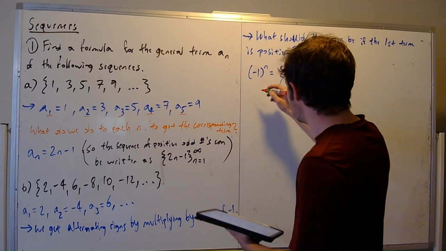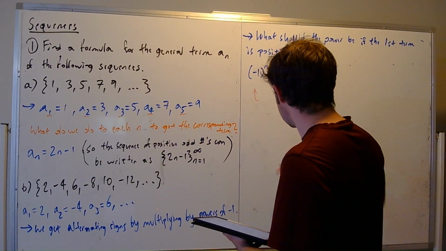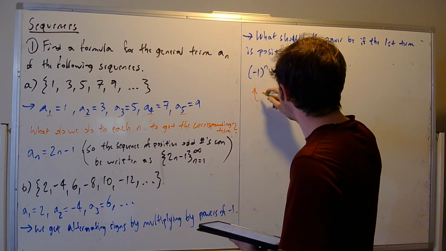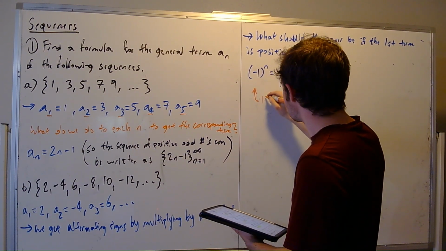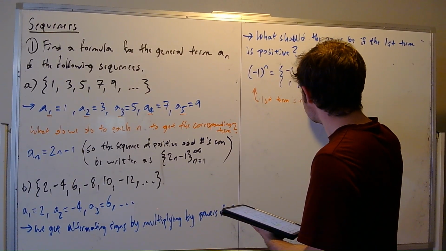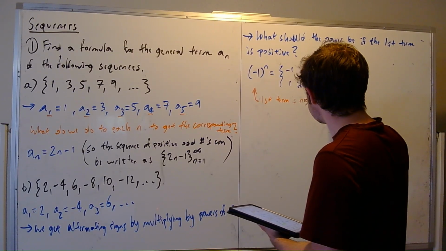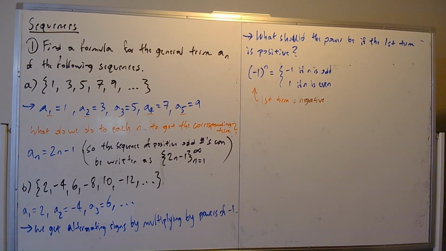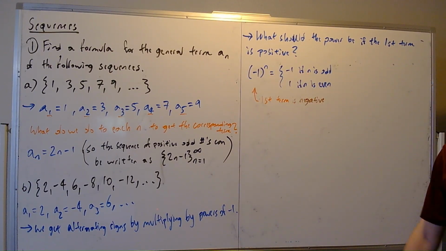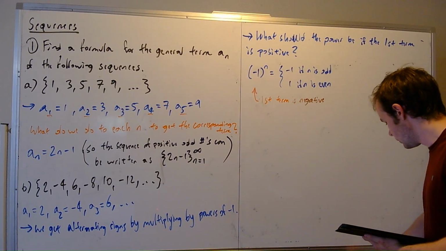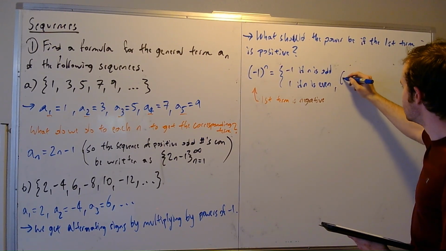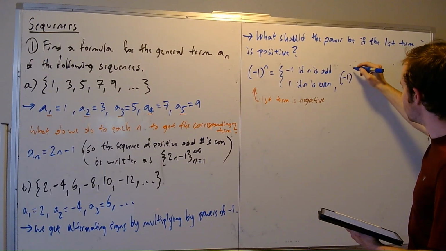So if we use this formula, then the first term is negative. Right. Just noticing if we plug in an odd number, we're going to get -1. So the first term is negative. But let's instead look at what happens if we have -1 to the power of n minus 1.